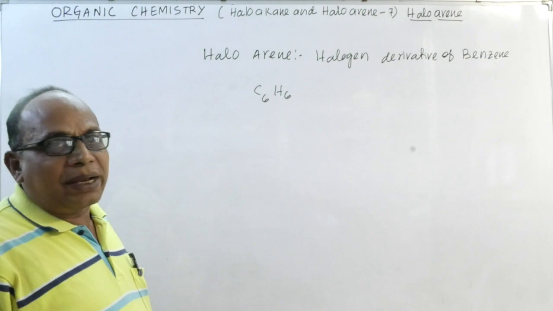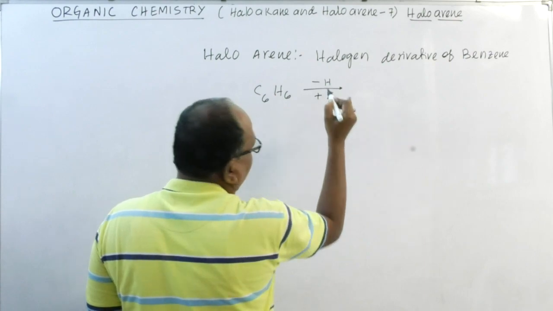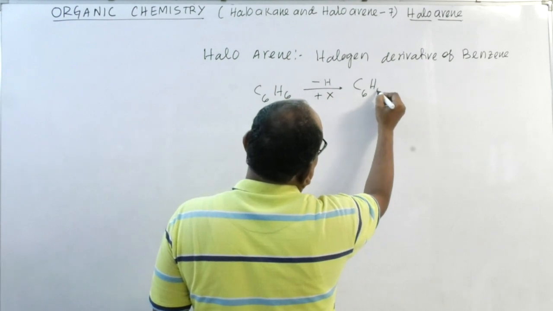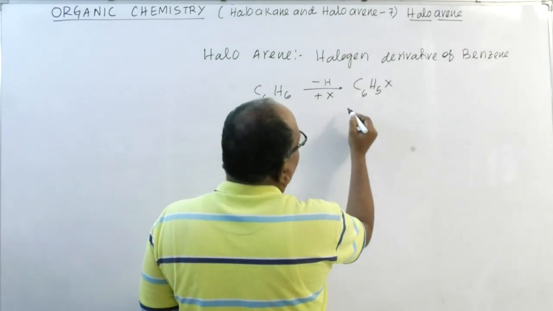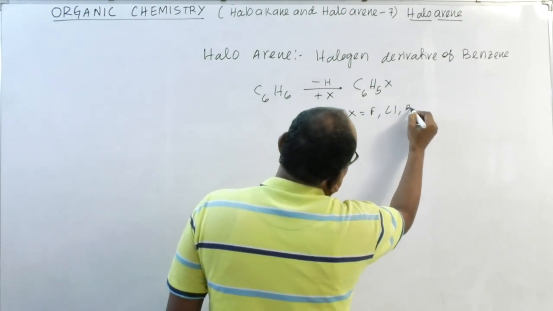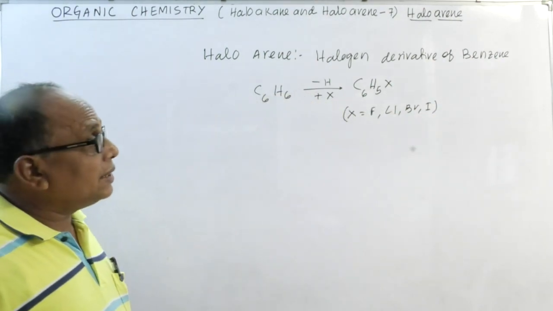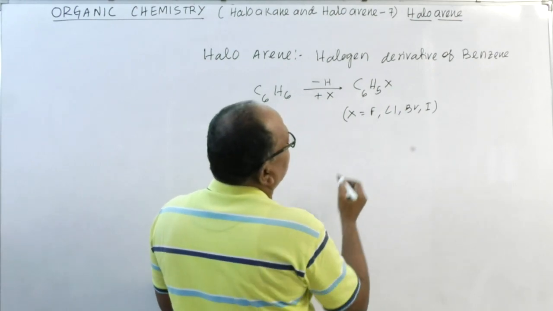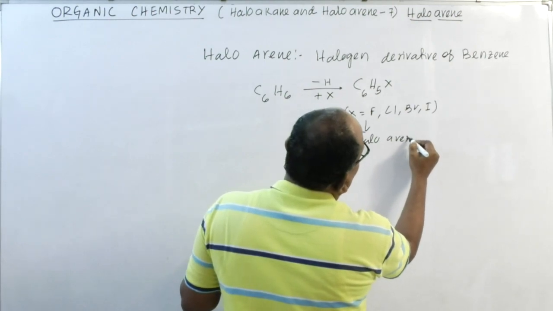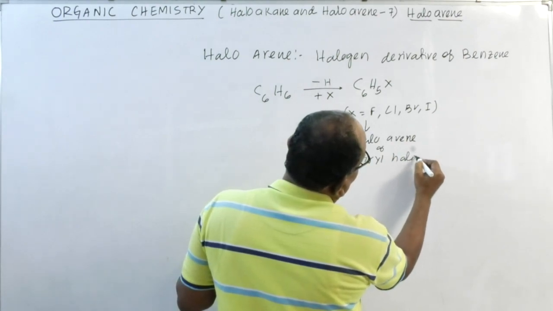The halogen derivative of benzene means a hydrogen atom of the benzene molecule is replaced by a halogen. So this becomes C6H5X, where X is generally fluorine, chlorine, bromine, or iodine. This halogen derivative is known as haloarene or aryl halide.